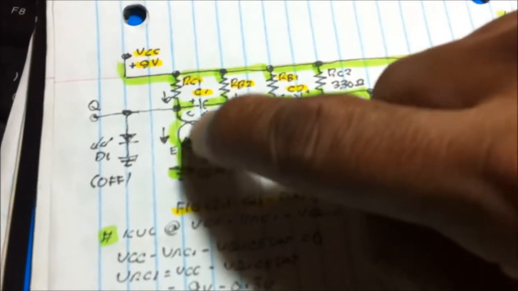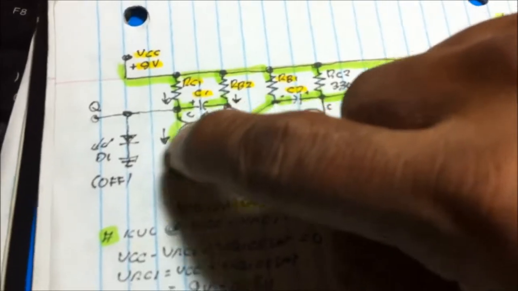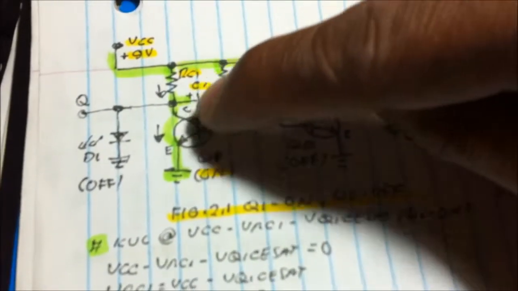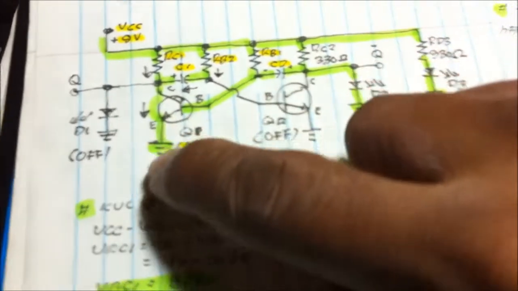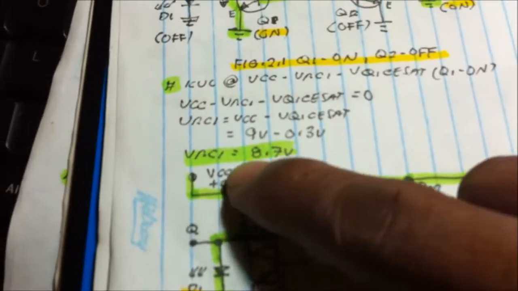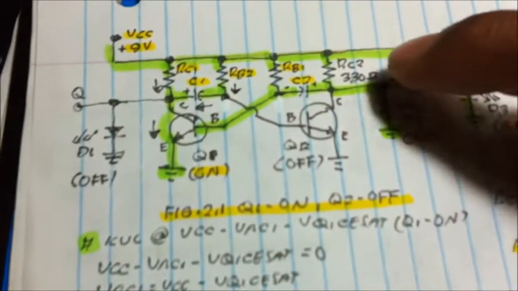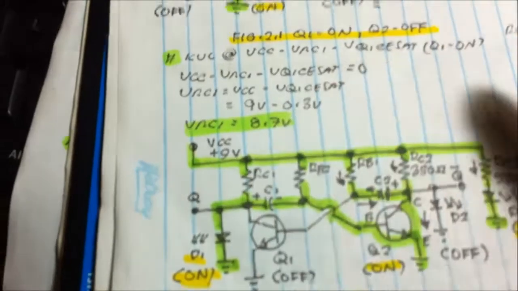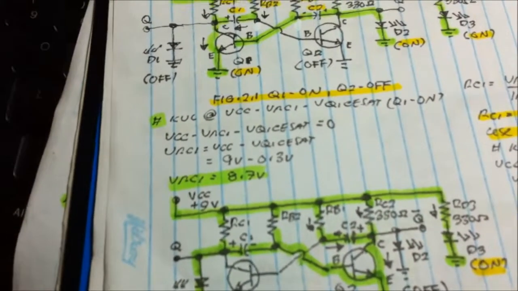Because the transistor serves as a switch, it will cause this to turn off. Current flows directly to the ground. VCC minus voltage drop RC1, collector-emitter at saturation. Where is that? This. We get a voltage drop RC1, 8.7. Okay. Now, what else?